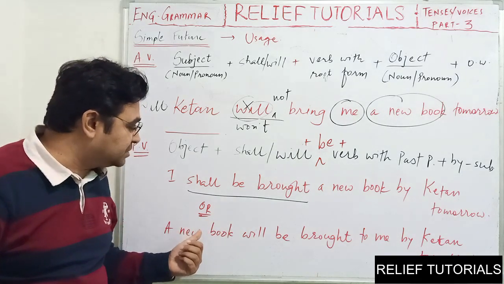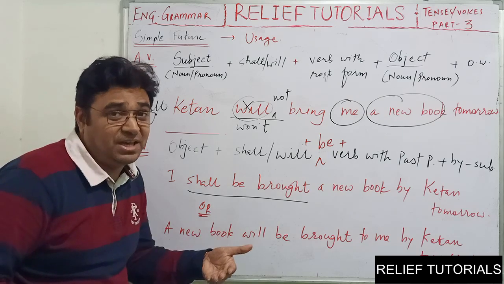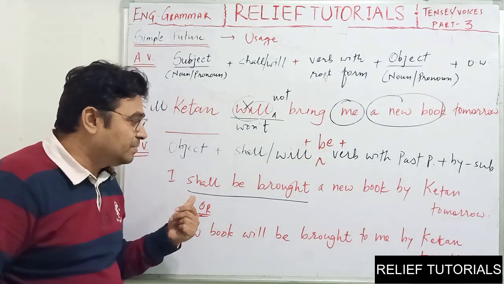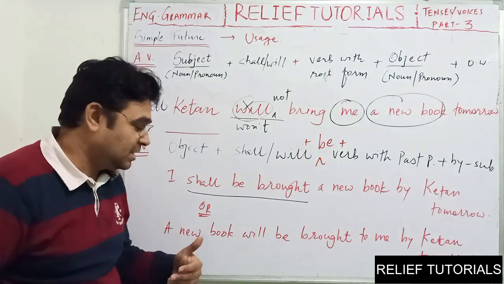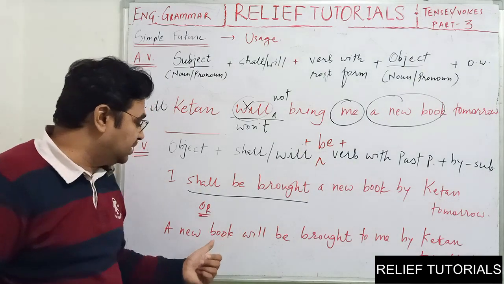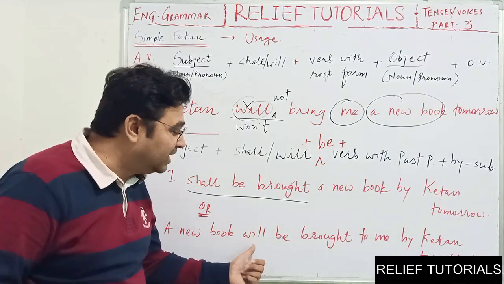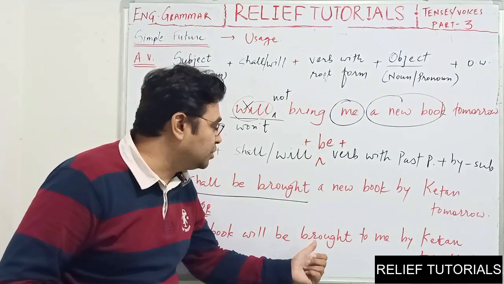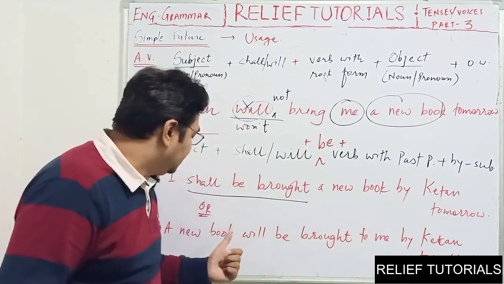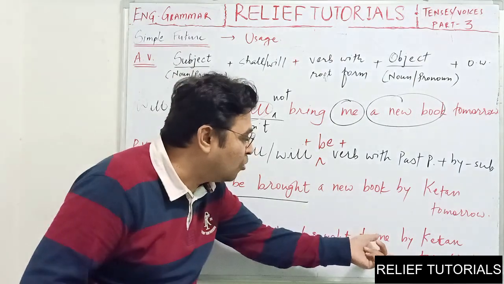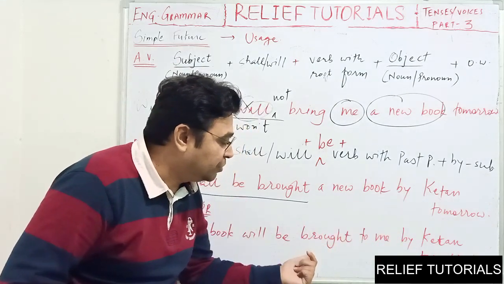Again, if I want to emphasize the other object, that is a new book, एक नई बुक लाई जाएगी, इसमें मेरे लिए नई बुक लाई जाएगी, इसमें नई बुक लाई जाएगी मेरे लिए. So new book, again new book is a third person noun, singular one, so it is added with will, then be, then brought, then another object at the same place, as this object is taken out from after it, so it is added with to.